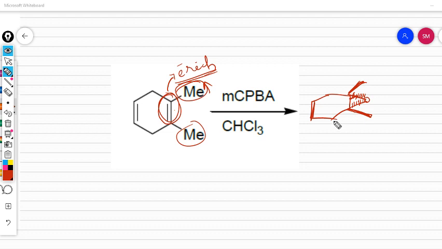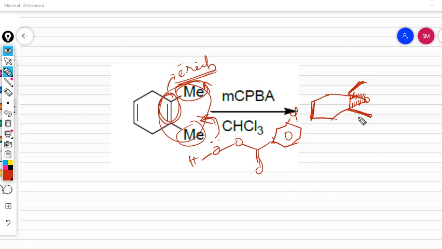The stereochemistry will be written because it is planar. The peracid can attack from either side because it is planar. Whichever side it attacks, that will be opposite to the methyl. If the methyl is above and it attacks from below, this would be the product. If I consider the methyls are below and the oxygen attacks from above the plane, the opposite will be the product.